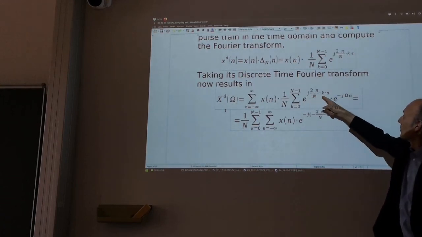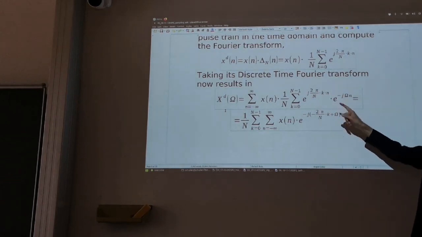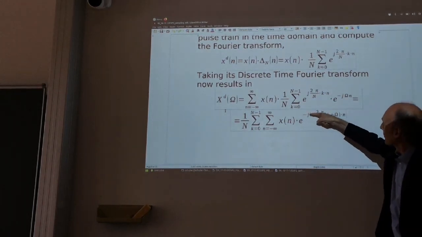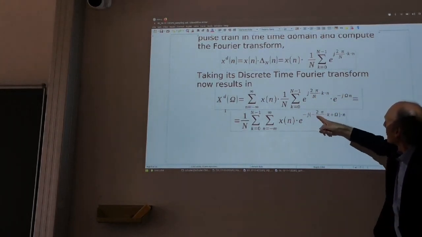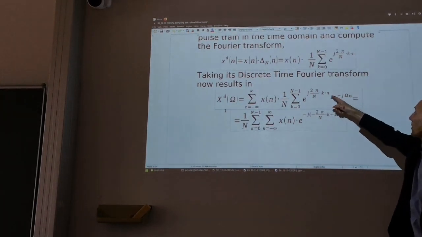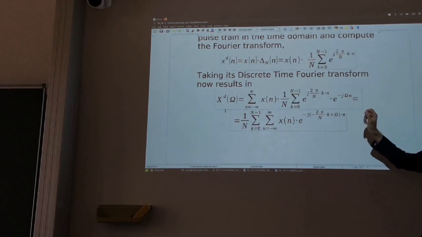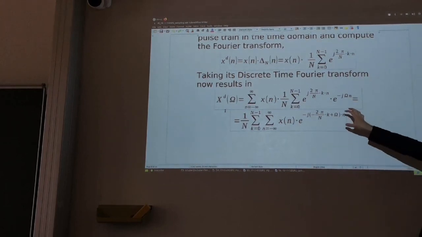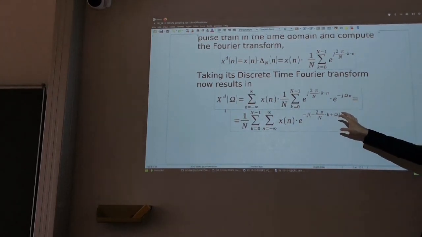So we put those two exponents together. So I have the minus in front of all of them. So I'm changing the inside. And I could factor out the n here too. Can you see it? Makes sense?